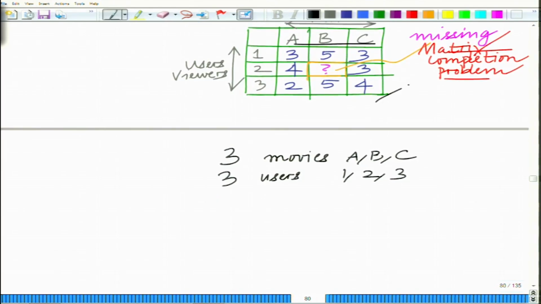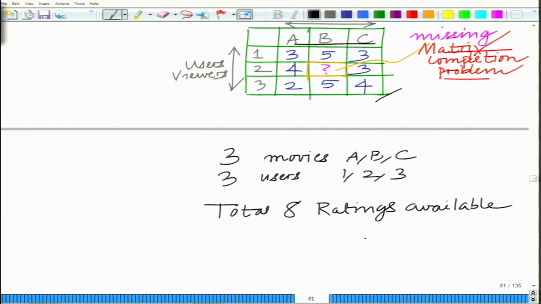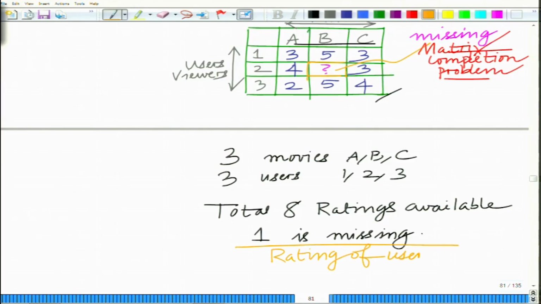Total 8 ratings are available, the maximum is 9. 1 is missing. What is that? The rating of user 2 for movie B. This is missing, which we have to predict.